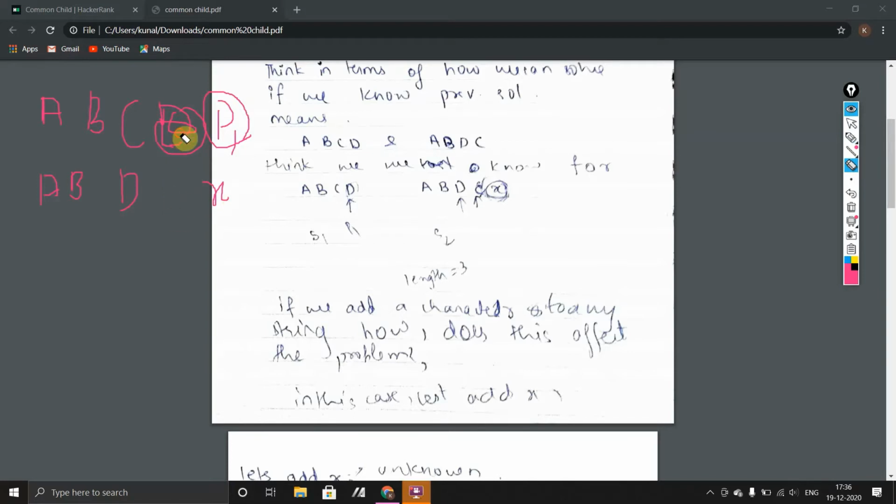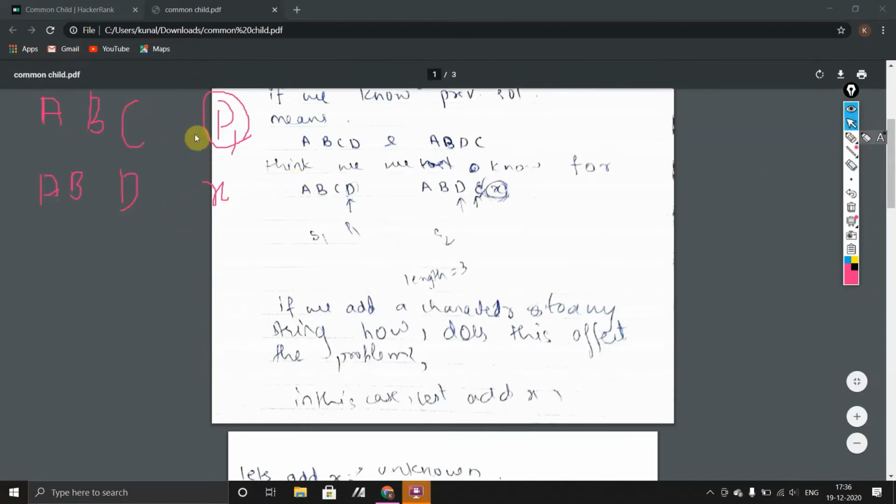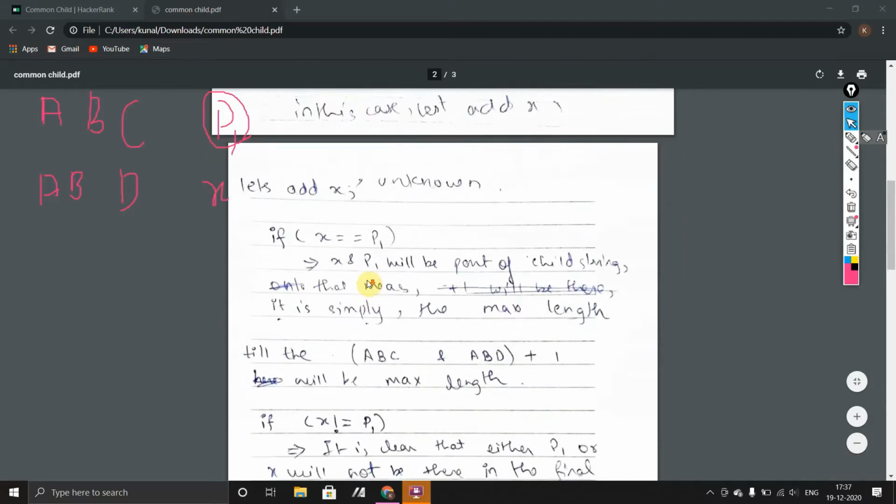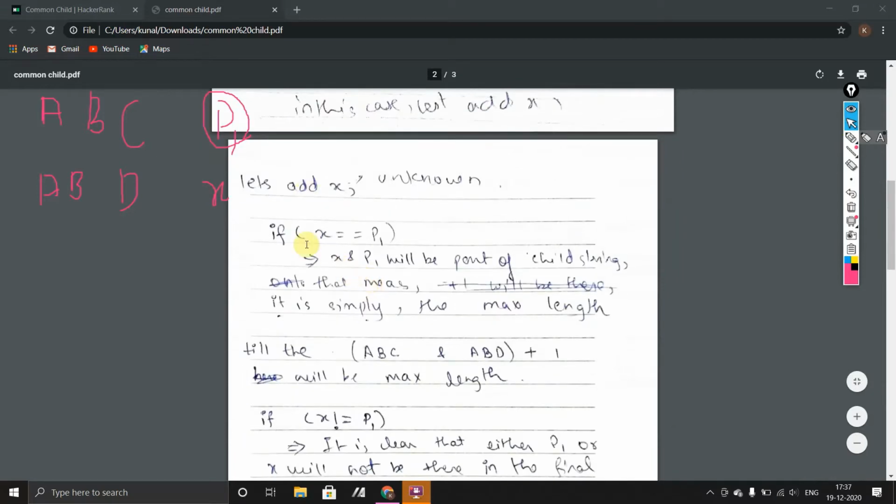Now how will these two characters affect whatever the maximum value was before they were added? So in this case, let's say X was equal to P1. If X was equal to P1, what will happen?